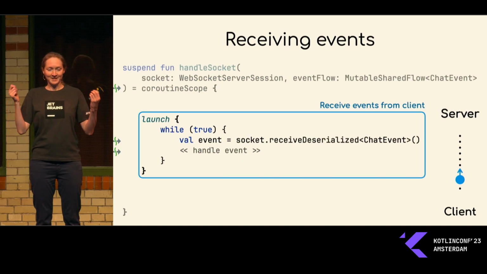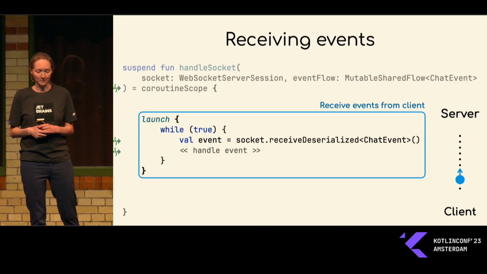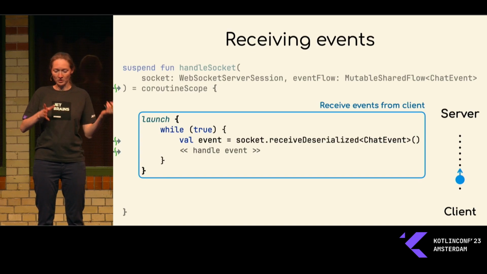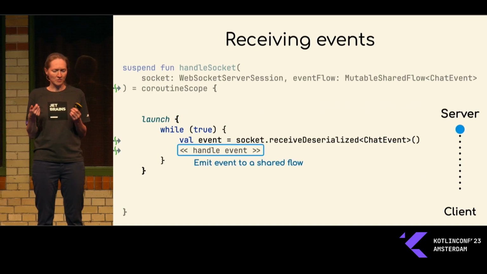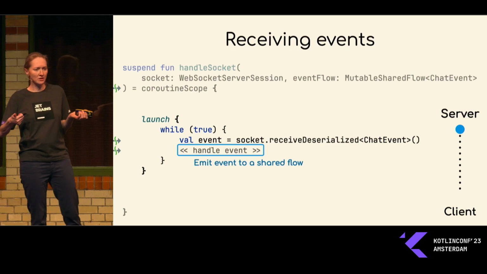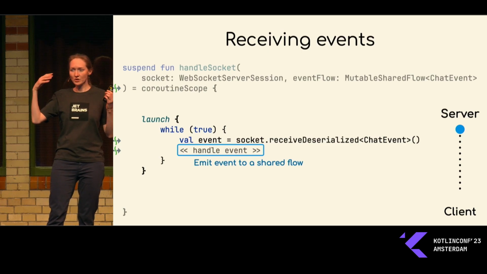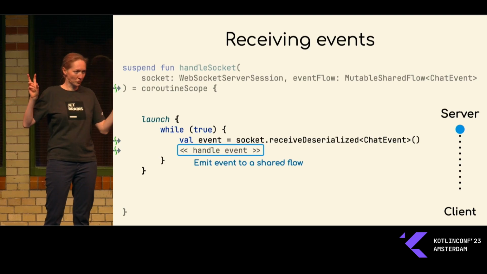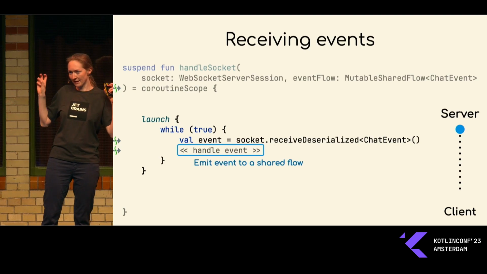First part, receiving events from the client. Again, pretty much straightforward. We can call socket receive deserialized, and then we need to somehow handle the event. So what is this handle event? We need to notify our single source of truth that this new event came.